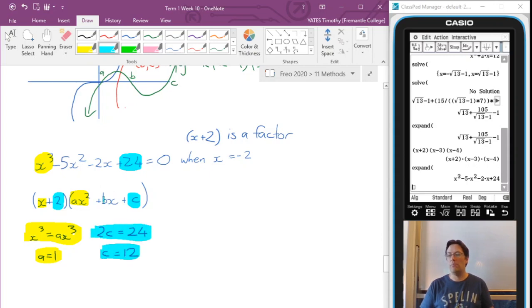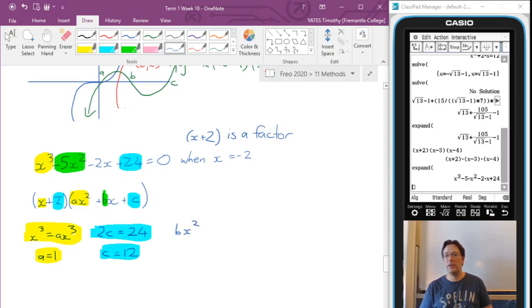Now we can work out what b is using either the negative 5x squared or the negative 2x. I generally recommend using the x squared term because it will be easier to work out, as you're not multiplying by as large a number. So how do we get an x squared term? We can do x times bx, which is bx squared.